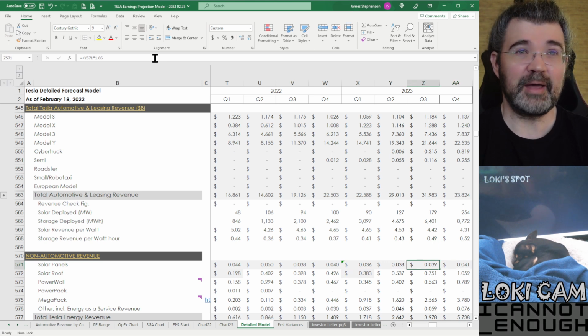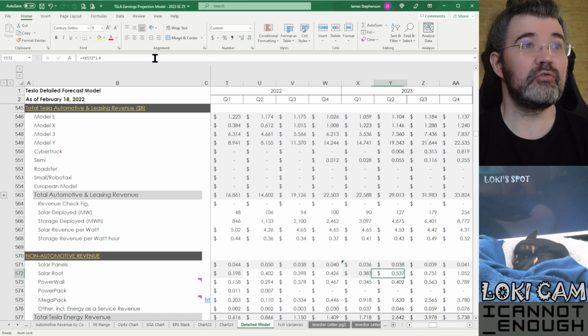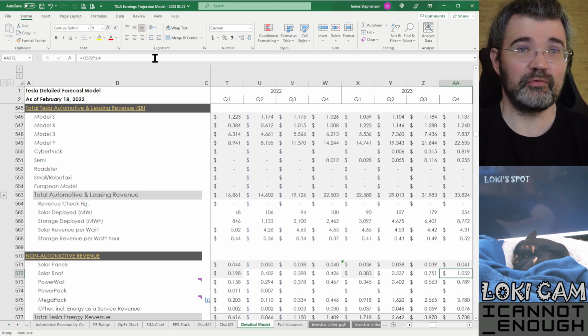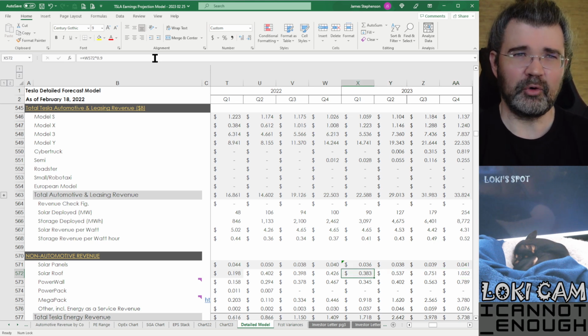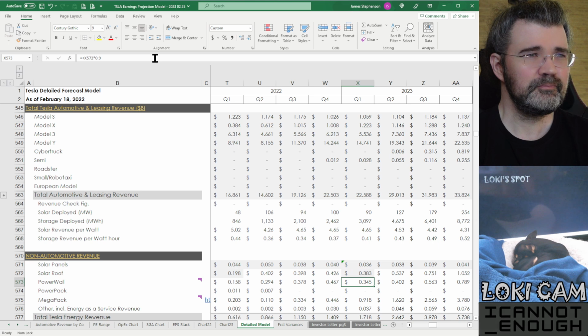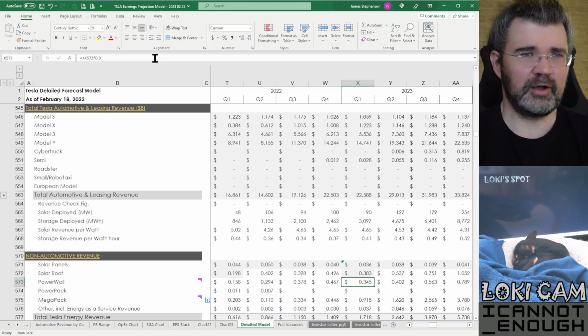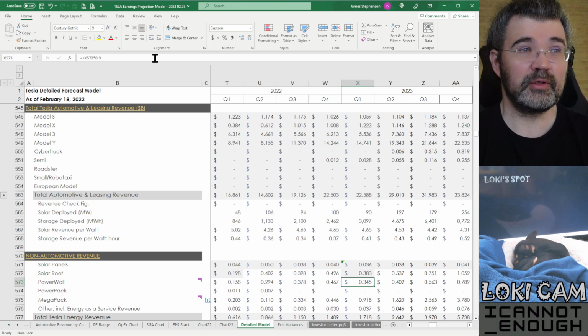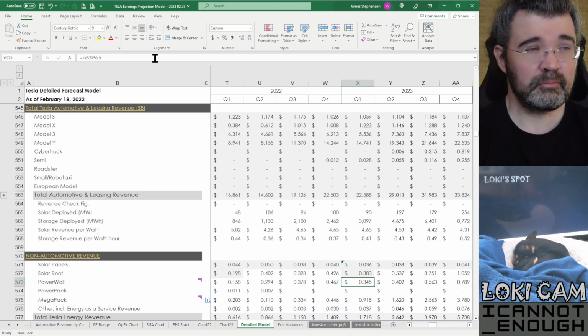The growth in solar panels shouldn't be as much as the growth in solar roof should be. Tesla seems to be ramping up solar roof production, so they'll be getting more of those out to the field and installed and declare the revenue for them. Powerwall is a compulsory purchase now.